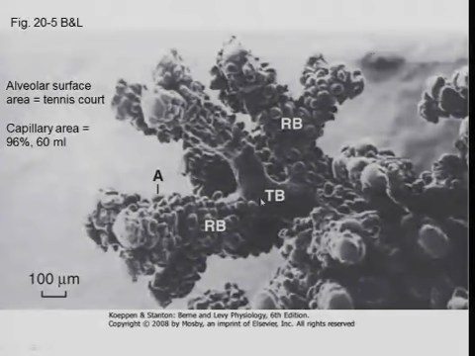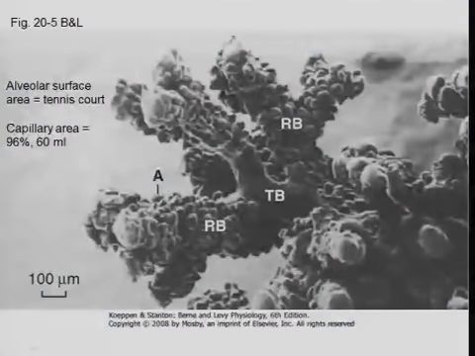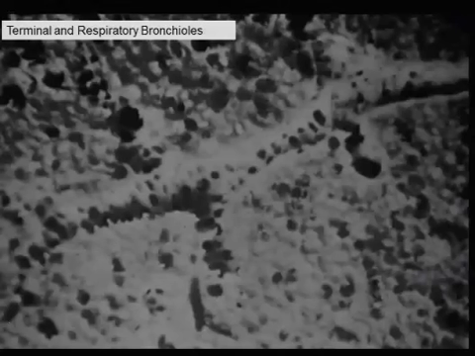The terminal bronchioles are at the end of the conducting zone before you get into the respiratory zone. And we also talked about the alveolar surface area, how large it was, and that the capillary surface area in contact with that epithelial surface area is about 96%. And we talked about how thin a layer of blood that is that's exposed to the alveolar surface area.